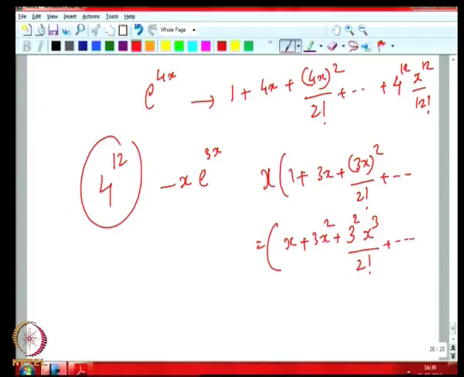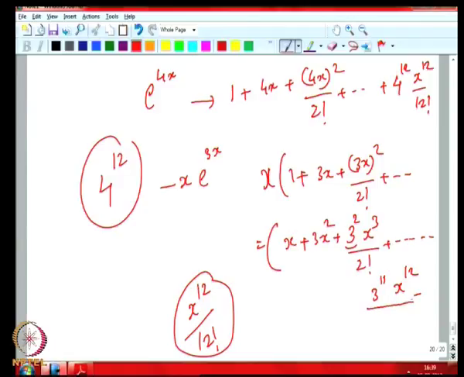Now if you are looking for the coefficient of x raised to 12 by 12 factorial, somewhere here x raised to 12 will come, here you will see 3 raised to 11 then, but below we will have 11 factorial, not 12 factorial, because x raised to 11 became x raised to 12 because of this multiplication by x.